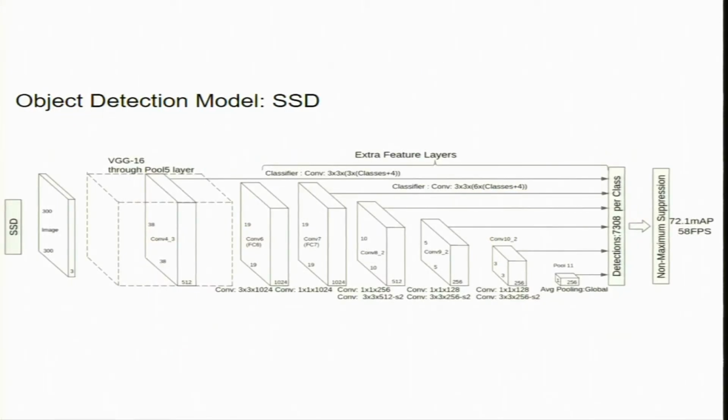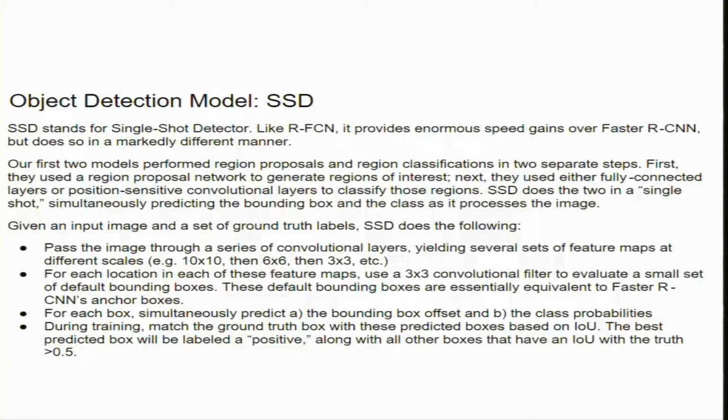Now, there is another object detection model called SSD, which stands for Single Shot Detector. Like Faster RCNN, it provides enormous speed gains, but does so in a remarkably different manner.